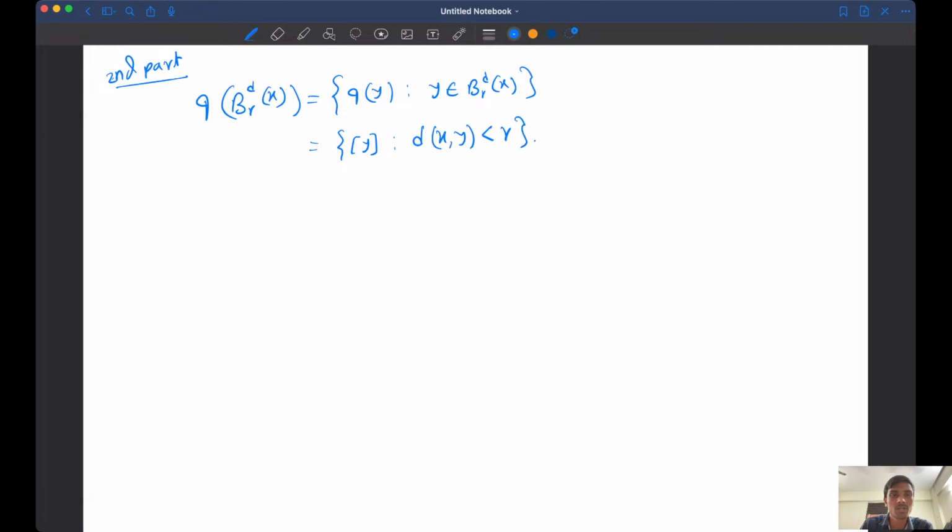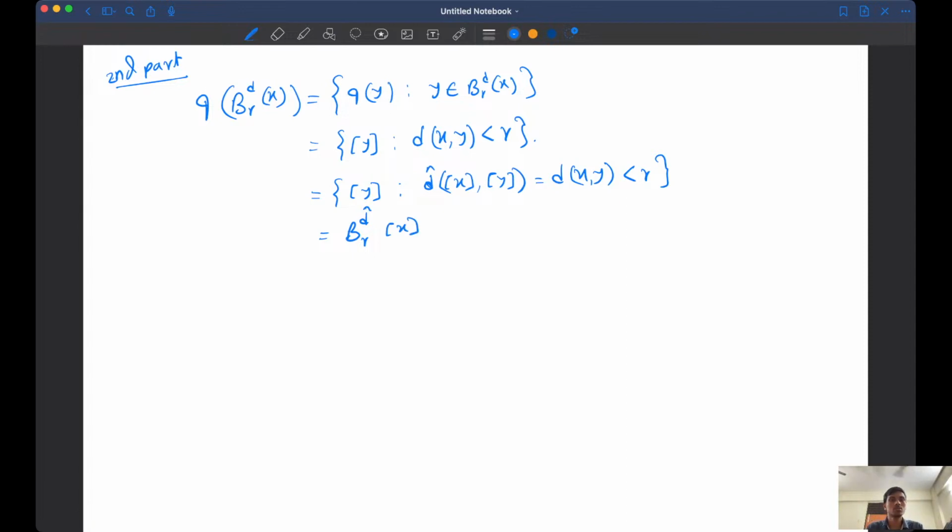Now d(x,y) is, by the definition of d hat, the same as d hat of the class of x and the class of y, and this is less than r. So this implies that it consists of all classes whose distance from the class of x is less than r. That means it is the ball of radius r with the metric d hat around the class of x.